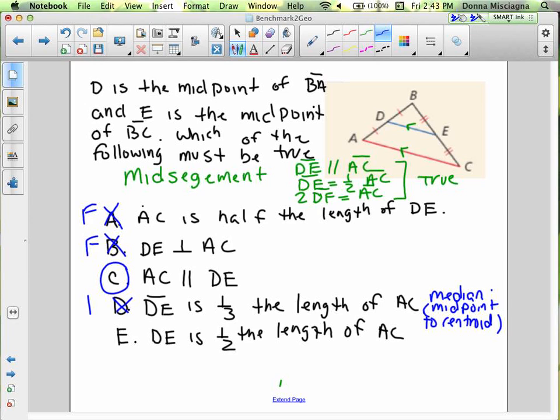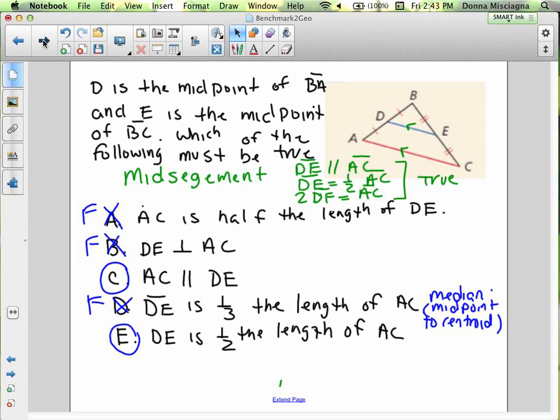So this is false. DE is half the length of AC. Well, that's true, right? AC is twice as big as DE. So those two are true. The other three are false. And that's the big idea about midsegments.